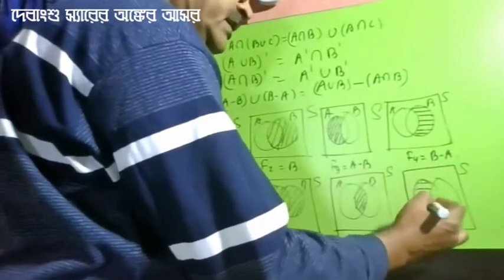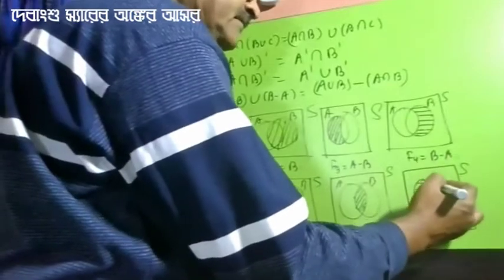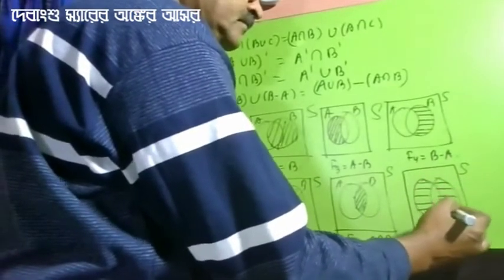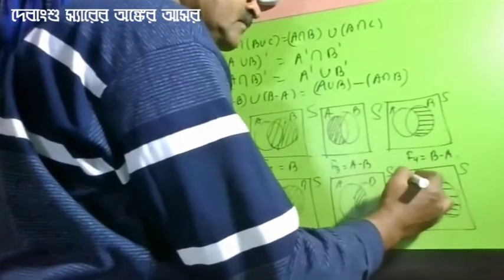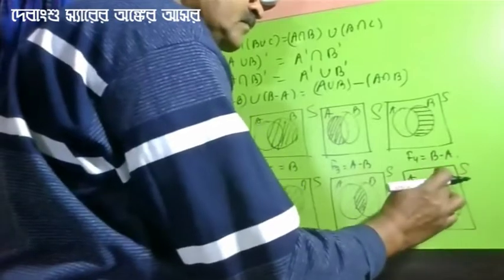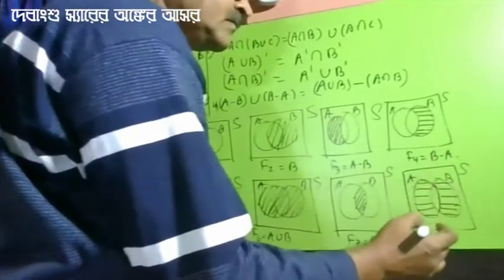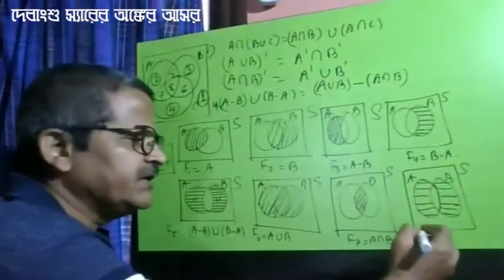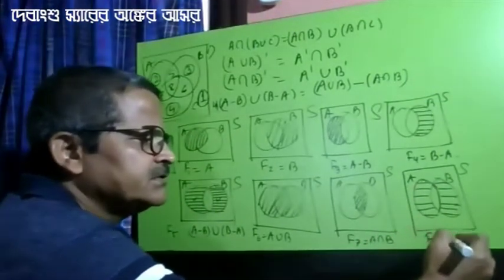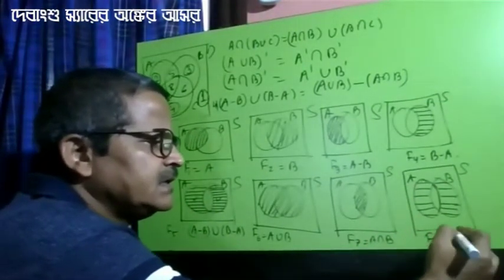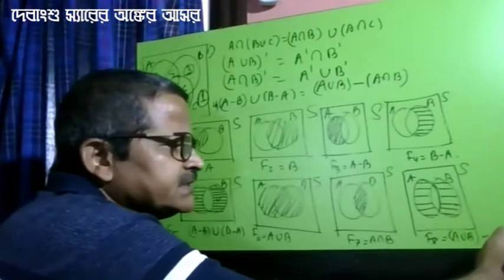So the diagram will look like this. Now see, this is F8, which is equal to A union B minus A intersection B.